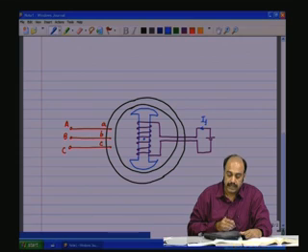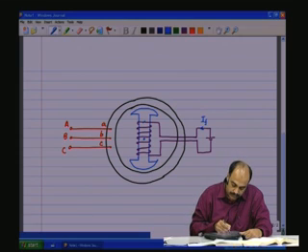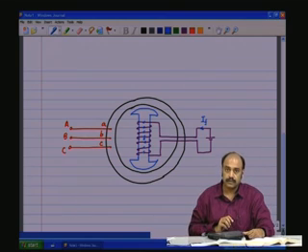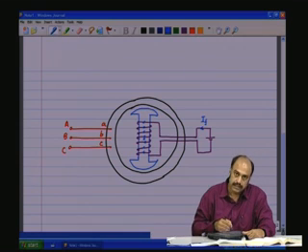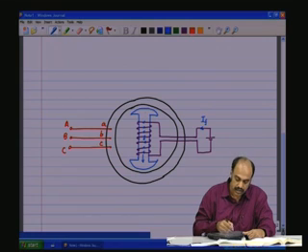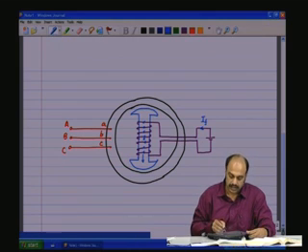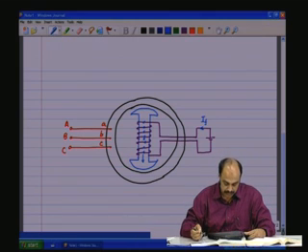A current I field, or IF, flows through the coils as shown, and this is going to result in a field direction like this, which is equivalent to saying that this is the north and south pole. So for this particular rotor, these north and south poles are fixed because the voltage here is a DC voltage.